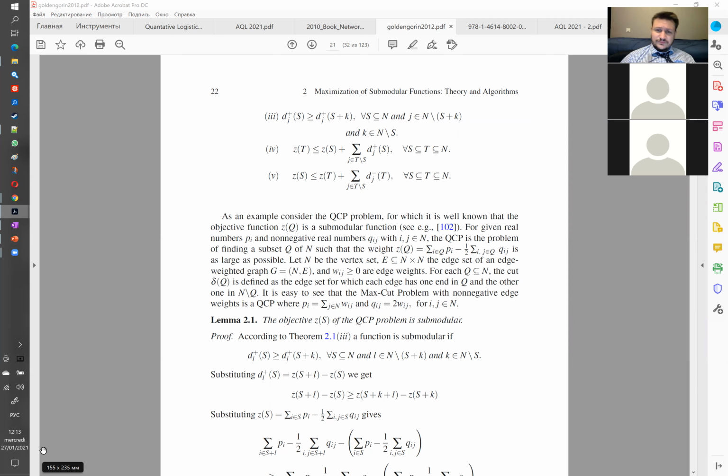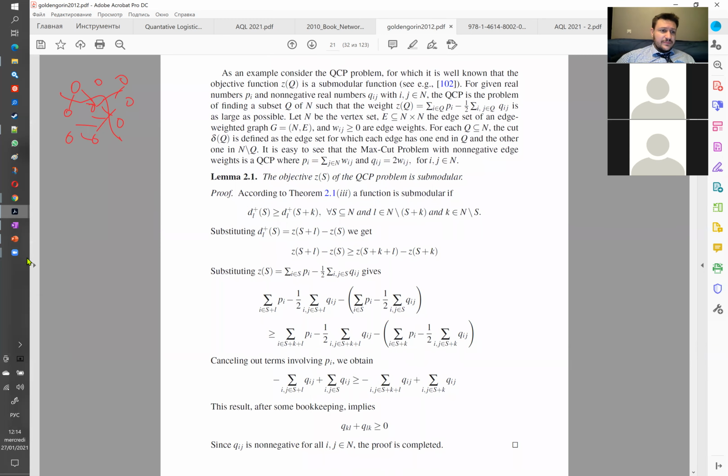So, for example, we have a set with some properties, and we want to divide it and then count these edges there. There is a special problem. We can discuss it later. It is a very interesting and very popular problem, Max-Cut. I just want to mention that this problem is somehow connected to what we are doing now.